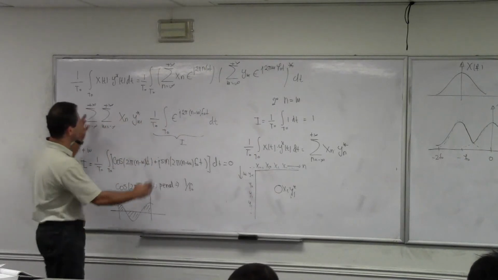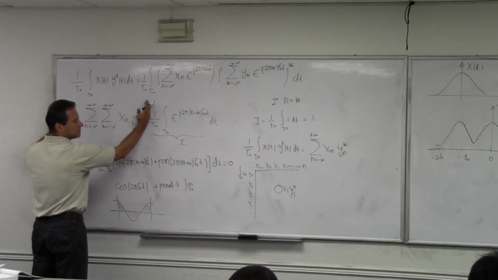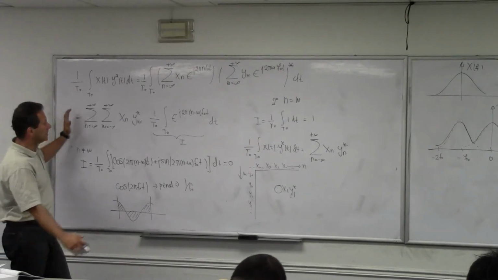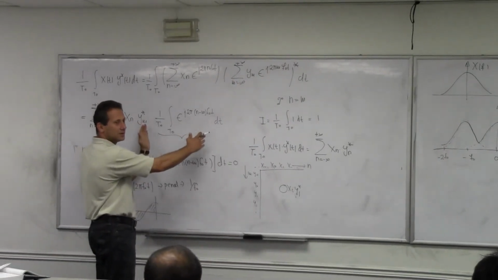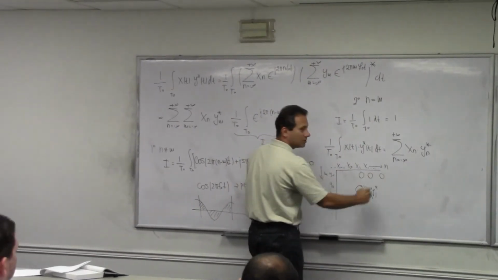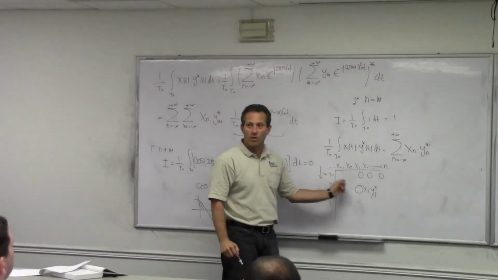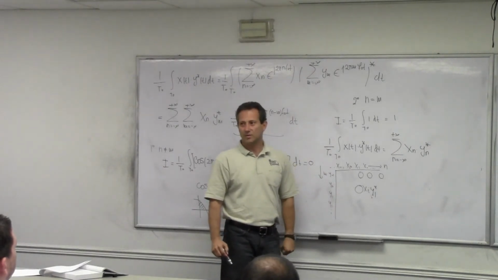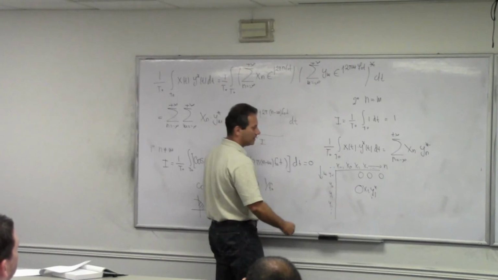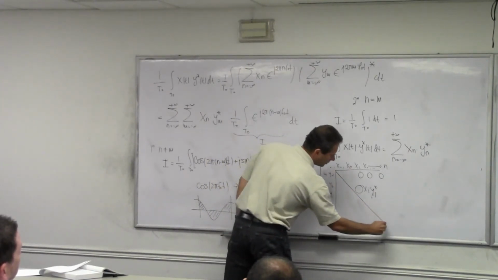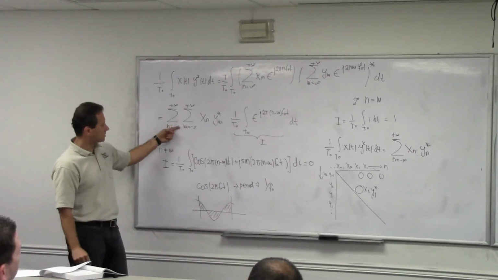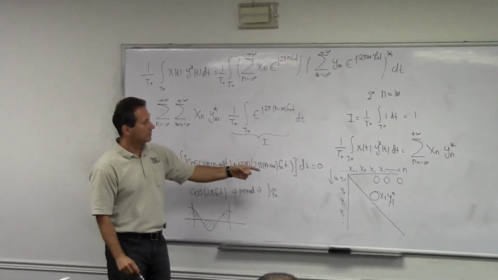And if I were to look at just this section here, it seems like I need to sum over the entire table. But then this integral adds the twist to it. It says wherever you are off the main diagonal, the value of this integral is 0. And whenever you are on the diagonal, the value of the integral is 1. So really, even though I'm summing over this entire matrix, the only non-zero components are here on the main diagonal. So that's why this double summation collapses into a single summation.